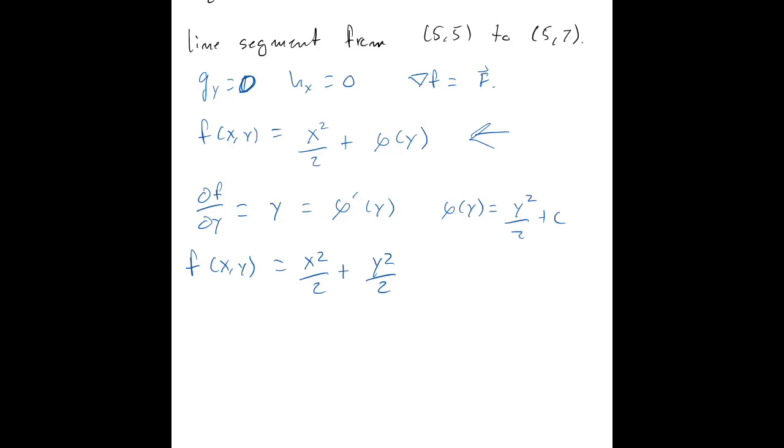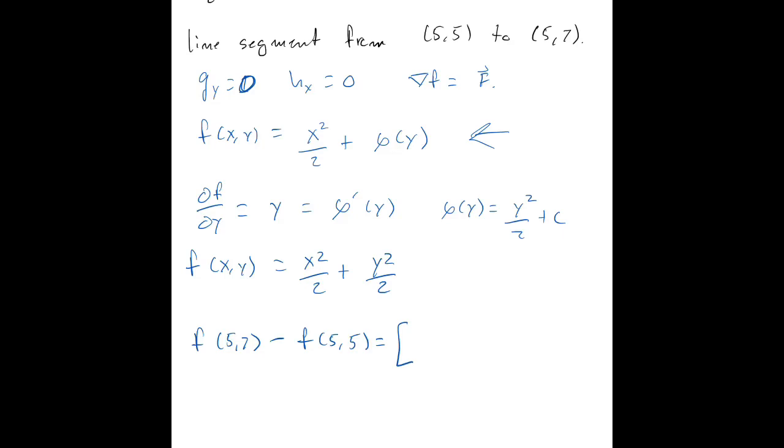Okay, so now we want to compute the line integral of big F on the line segment from (5, 5) to (5, 7). A potential for big F is little f, so this means that the line integral is just going to be little f of (5, 7) minus little f of (5, 5).